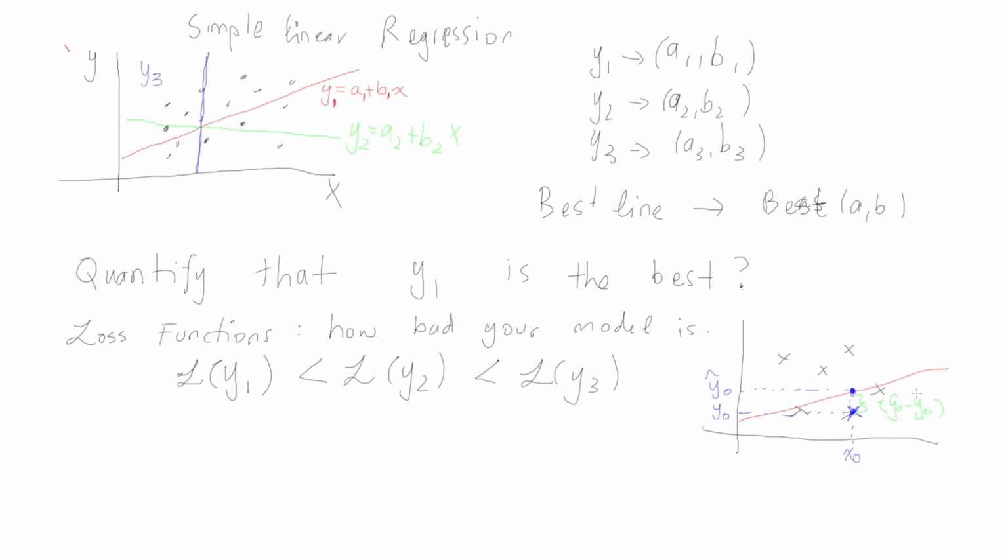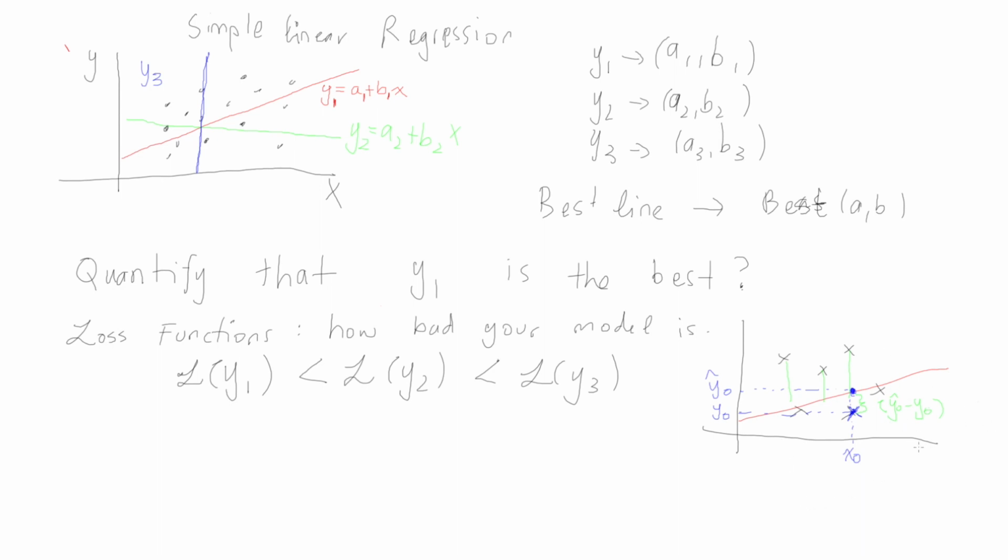This is called the residual. The residual is the error, or how bad your model is doing, and each point has a residual. The idea behind least squares regression, which is the main way we do regression, is to look at all these distances and use that to quantify how bad our model is.